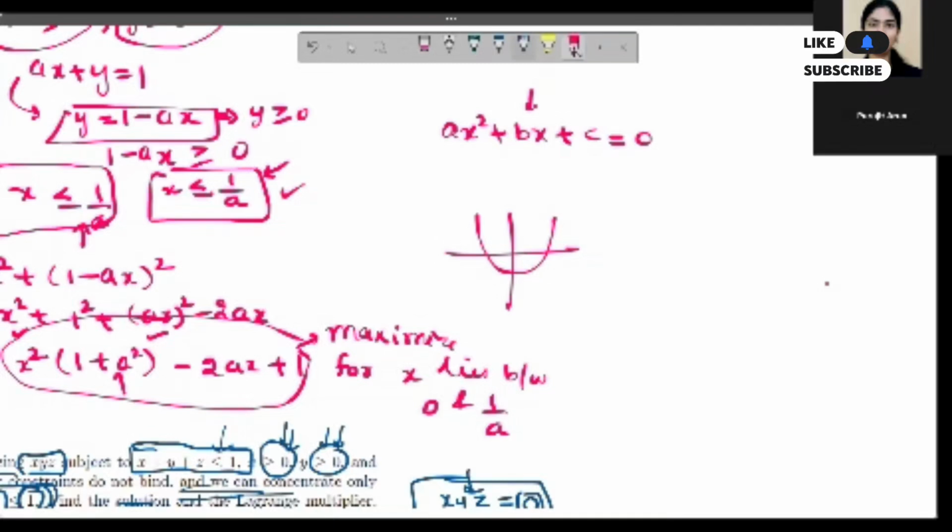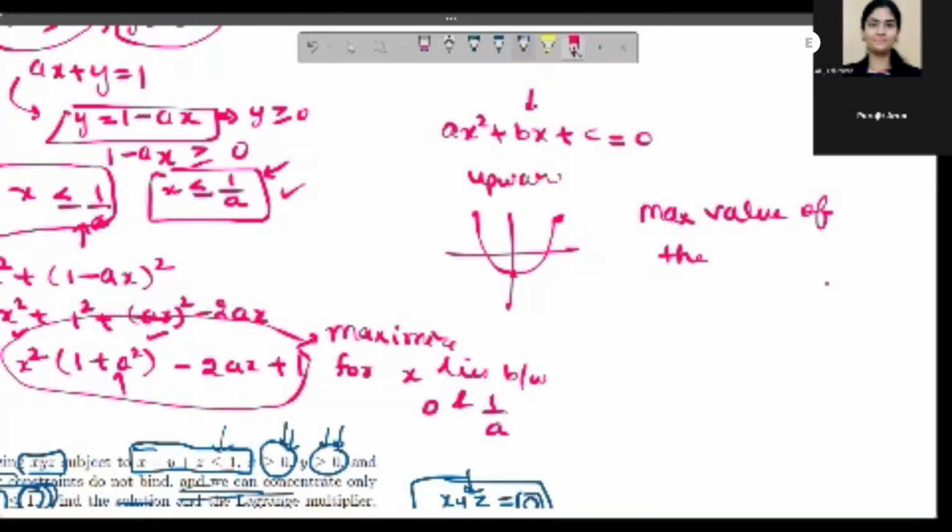The maximum value which it can give me will be where? At the endpoints or at the vertex? Ma'am, at the vertex. Maximum value of an upward parabola? Upward means increasing, convex.